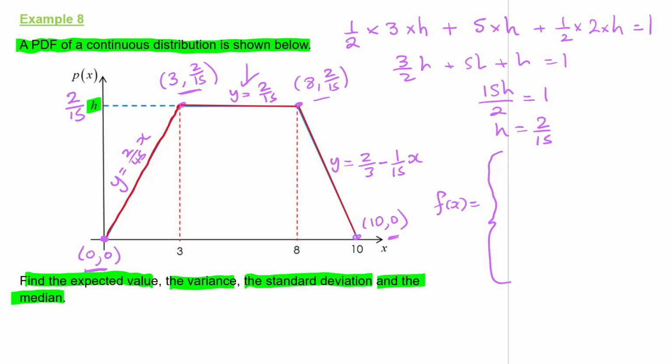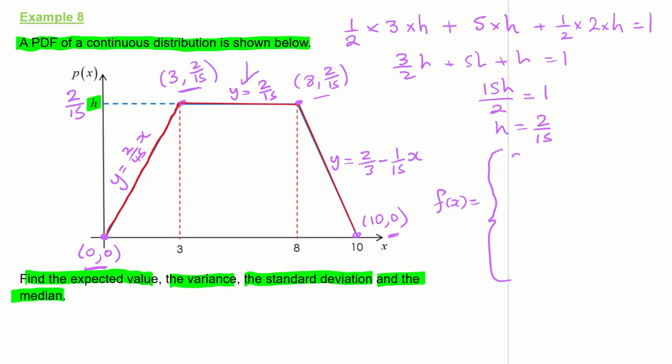So we have 2/45 x for x between 0 and 3. We have just simply 2/15, which applies for x between 3 and 8.